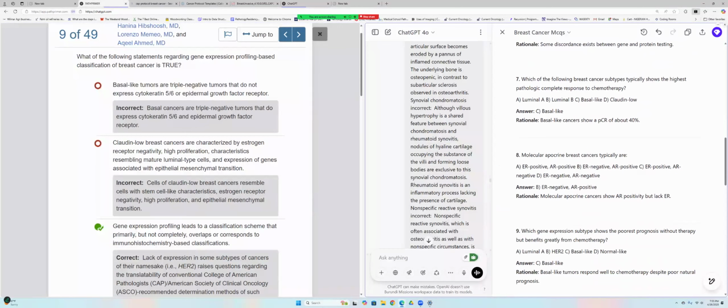Which of the following breast cancer subtypes typically shows the highest pathologic complete response to chemotherapy? Basal-like, that's shocking. High pathologic complete response, that would be A. I actually think A. Usually you use chemotherapy for them straight.